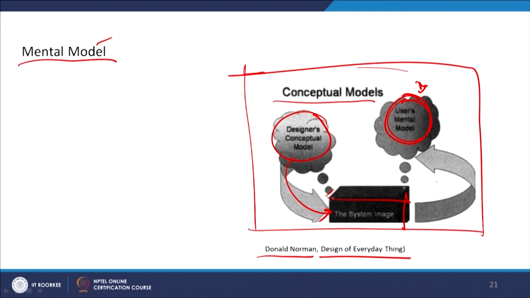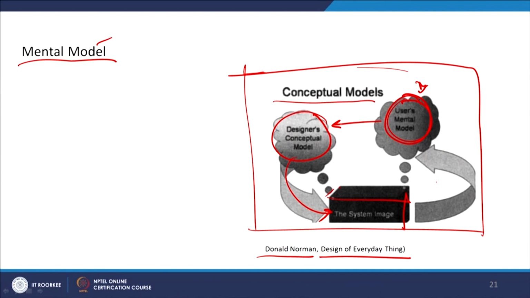Now here everything is connected. Designers should understand what people are thinking when they think about a particular image, a particular product. If we take an example of a chair, what are users thinking when they hear the word chair? They might think of a four-legged seating device, and designers should understand whether users are thinking about that.